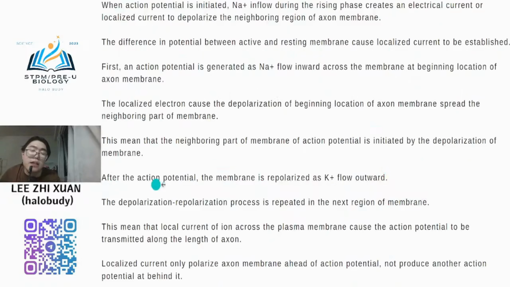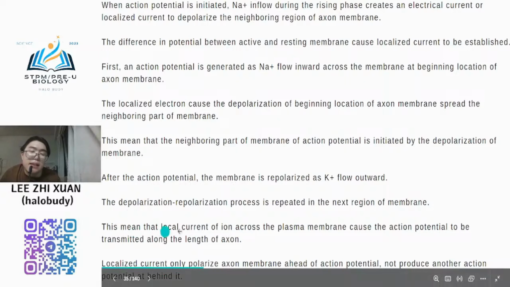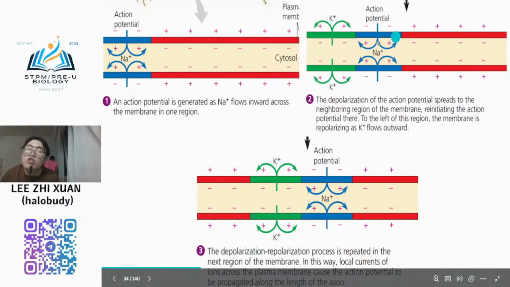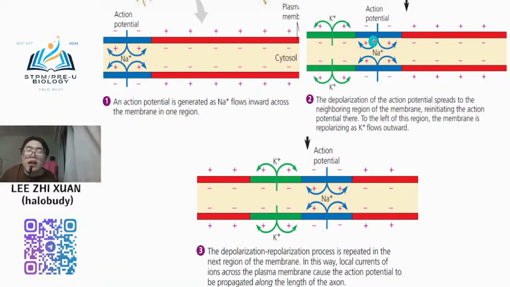The localized current only depolarizes the axon membrane ahead of the action potential, but does not produce another type of action potential, meaning that it reinitiates the action potential again, just continuing.